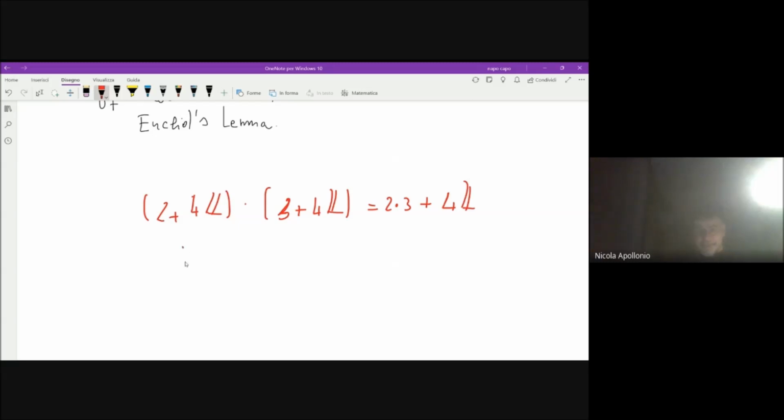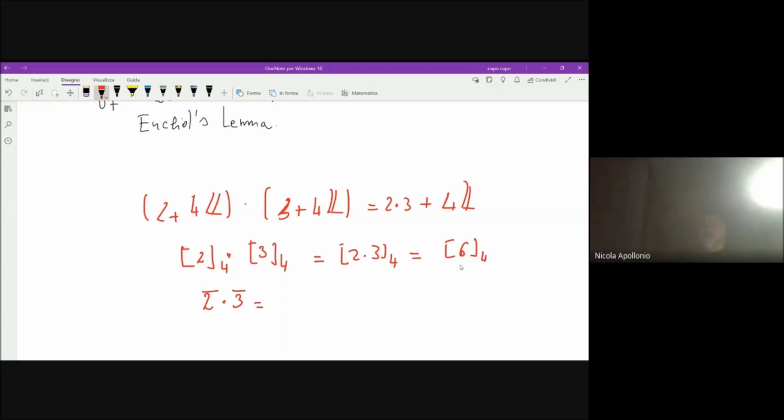But what is this? This is just the class of 2 modulo 4, and this is the class of 3 modulo 4. And this is what? The class of 2 by 3 modulo 4. And you can write it differently in this way. This is the class of 6 modulo 4.